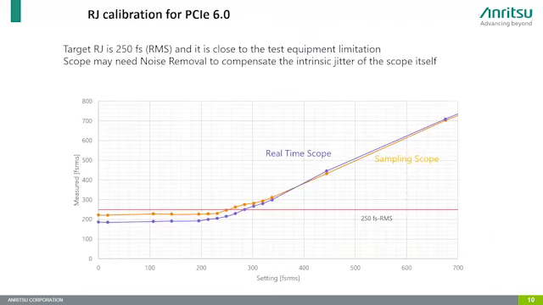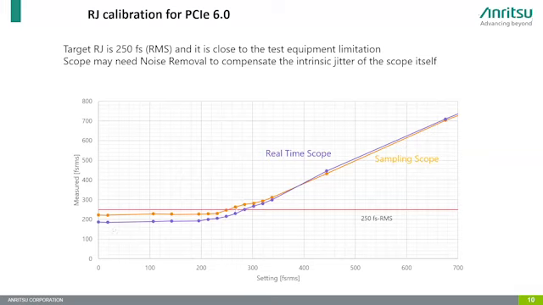Calibration is quite straightforward, but RJ calibration is a little bit tricky because the target RJ is 250 femtosecond RMS. As you can see, the intrinsic jitter of the test equipment, the scope intrinsic jitter and also the BERT pulse pattern generator's intrinsic jitter, is almost 200 femtosecond RMS.